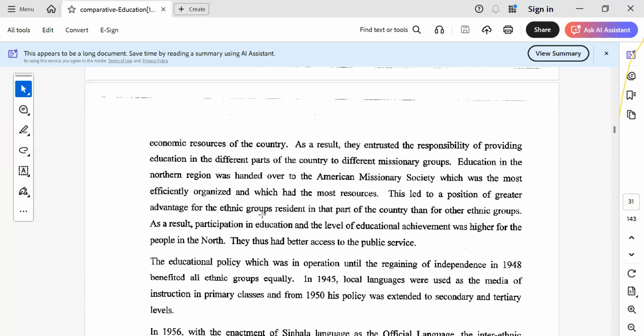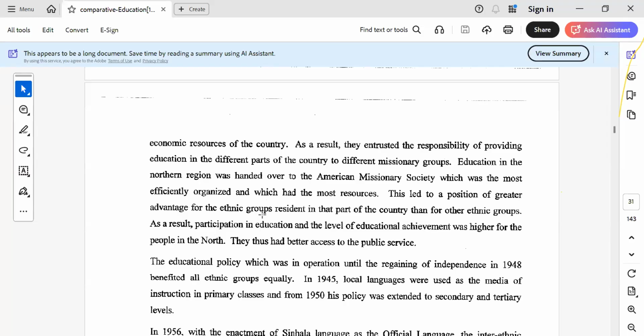Education in the northern region was handed over to the American Missionary Society, which was the most efficiently organized and which had the most resources. So because of that, the missionary schools on the Jaffna side developed in education, right?